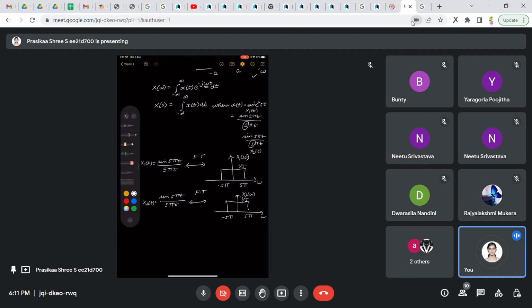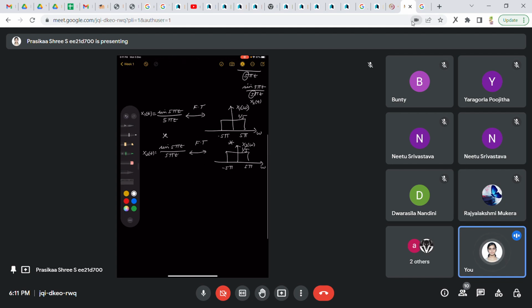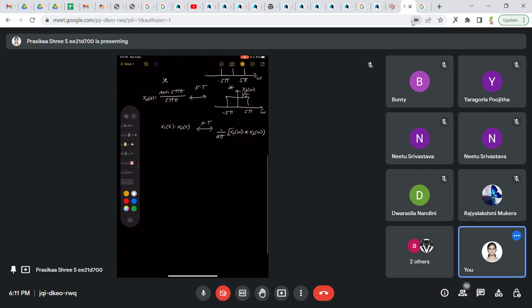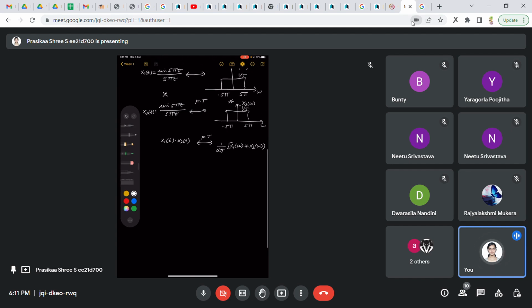So now we need to multiply in the time domain, so it becomes convolution in the frequency domain. What is the formula? x1 of t into x2 of t. When you take the Fourier transform, it will be 1 by 2 pi into x1 of omega convolved with x2 of omega. So you have two rectangular pulses.